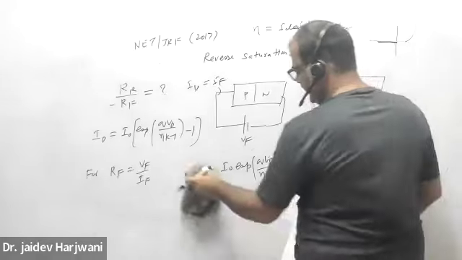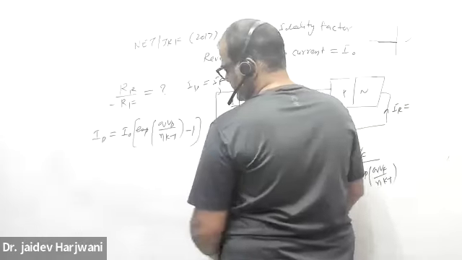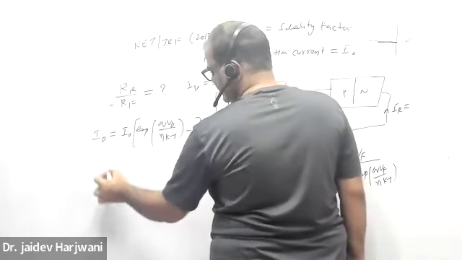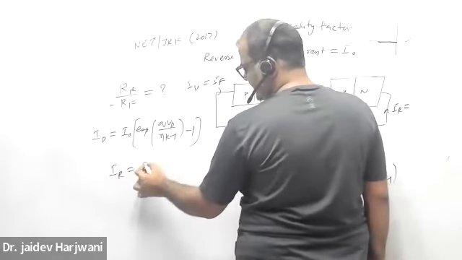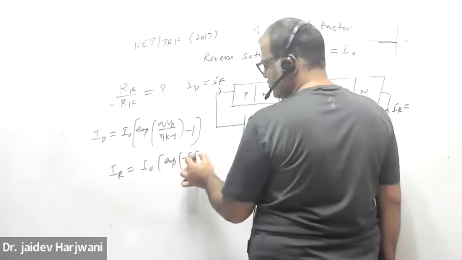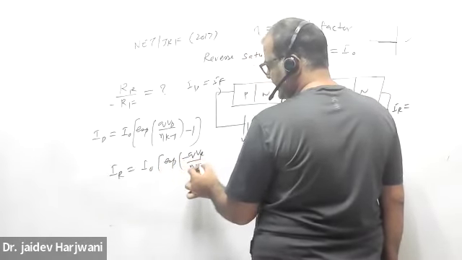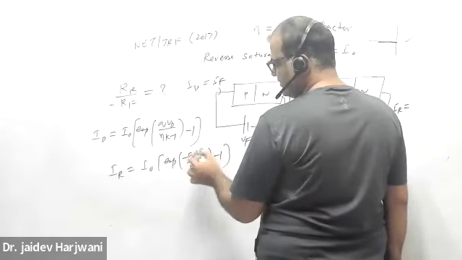So if I want to find the reverse resistance RR, the reverse current IR will be I naught exponential minus QVR upon eta KT minus 1. Now this factor becomes 0.